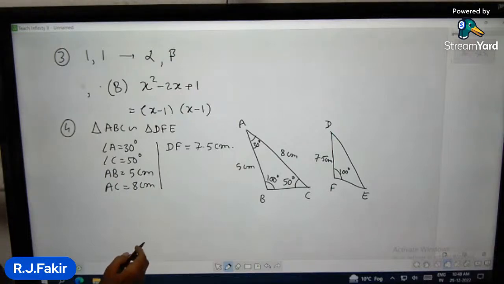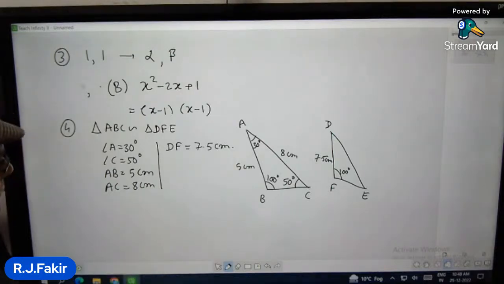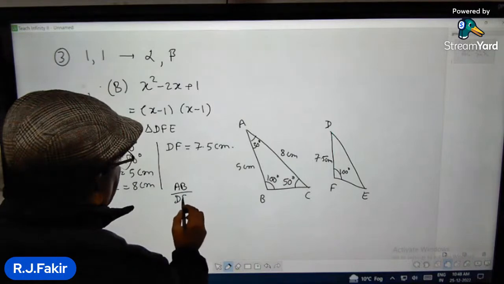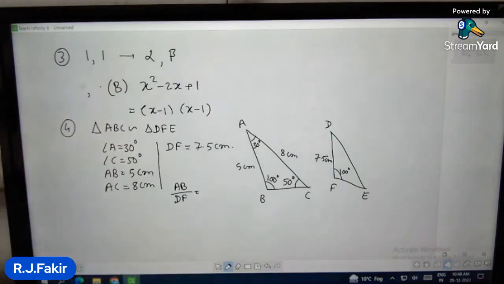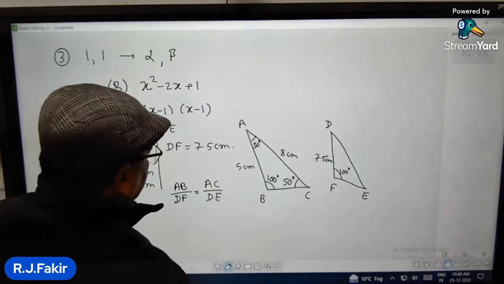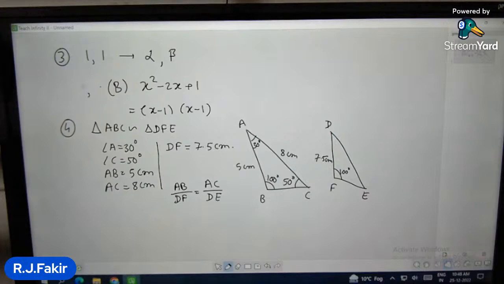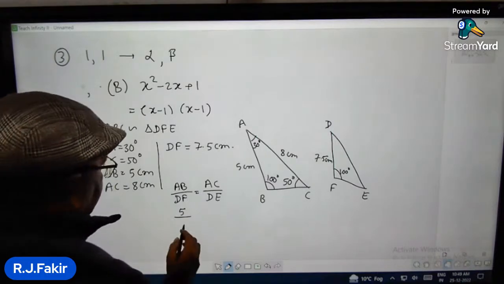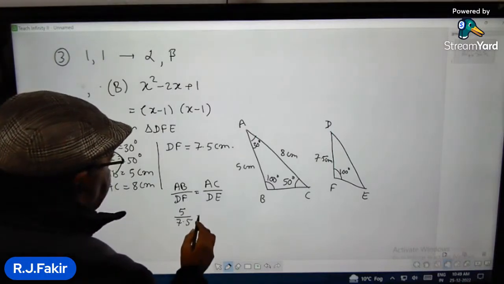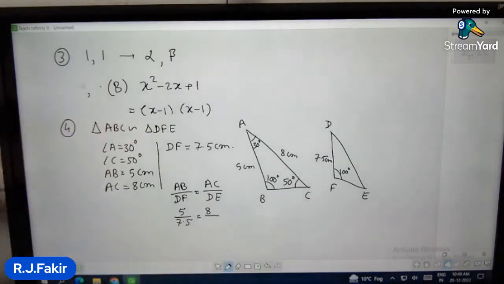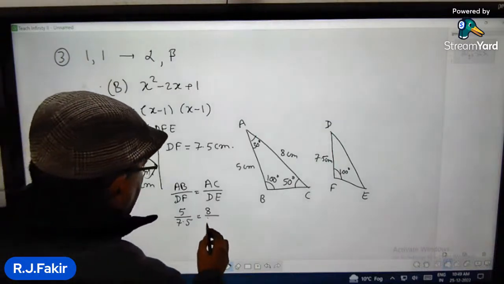And also, as I said, the ratios are equal, so what we can write, AB upon DF will be equal to AC upon DE. So we can put in the values given to us. This is 5, then DF is 7.5, AC is 8, and DE we do not know.